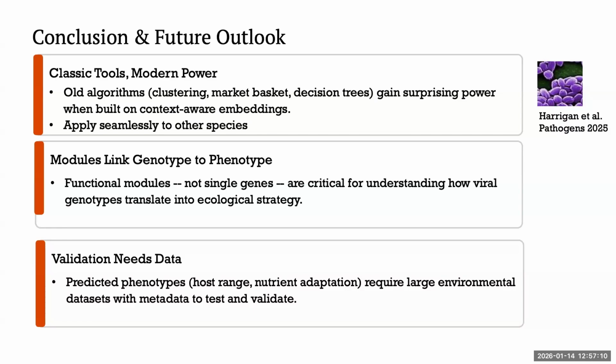The modules are actually what we need to be thinking about when we're linking genotype to phenotype, not single mutations, not pathways, but modules. And we're still looking at validation, and validation we think needs data. Being able to validate this in different environments, different genomes is the way to go.